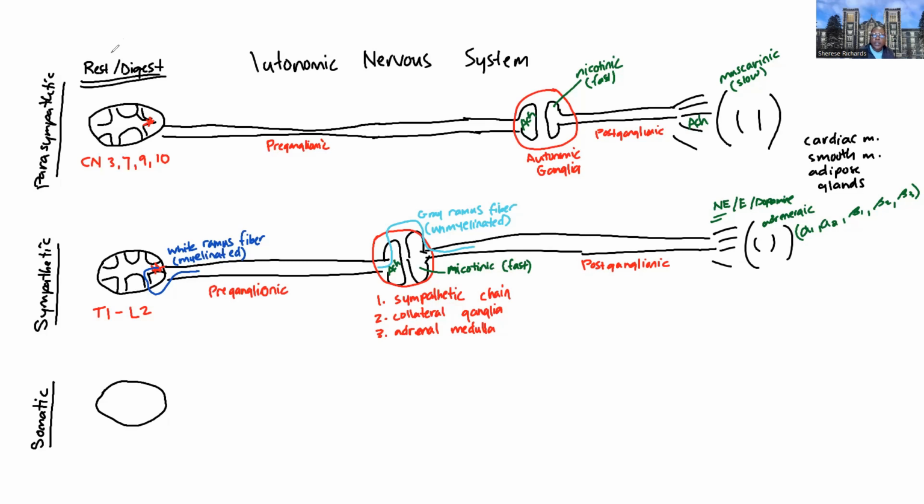Heart rate slows down, respiratory rate slows down. We have bronchoconstriction instead of dilation. We have increased glandular secretions. That would be all of your salivary glands, gastrointestinal motility. All of that would increase with the parasympathetic division.